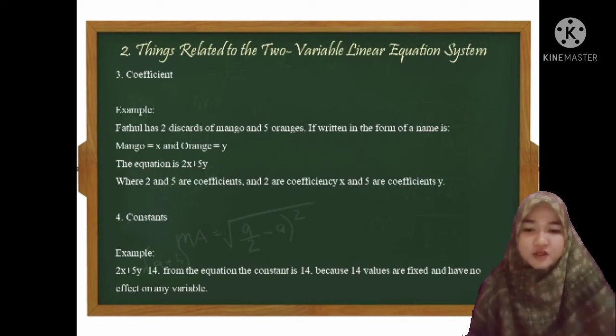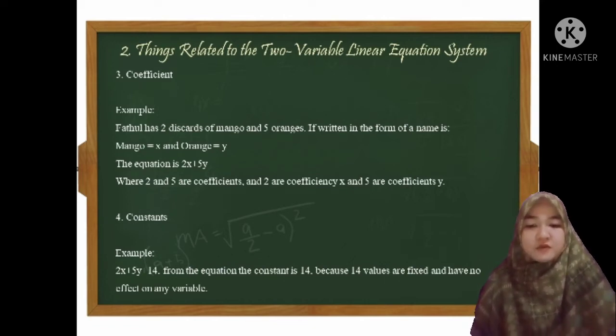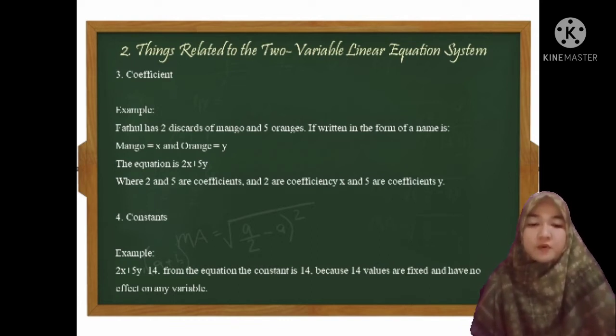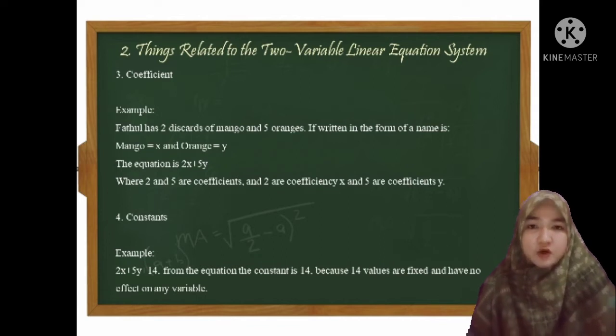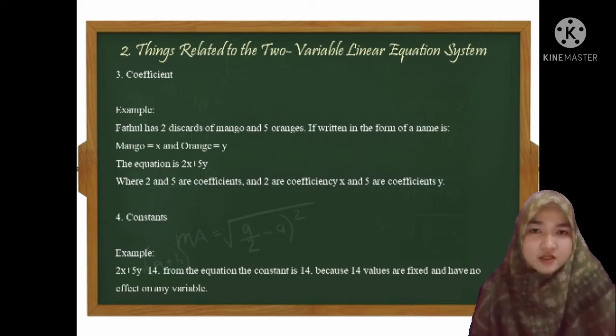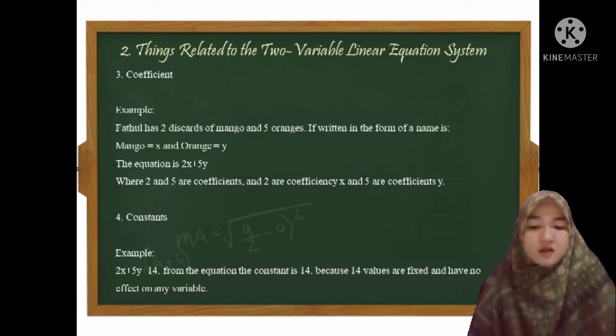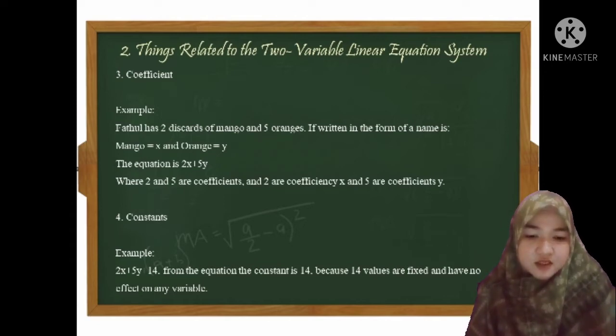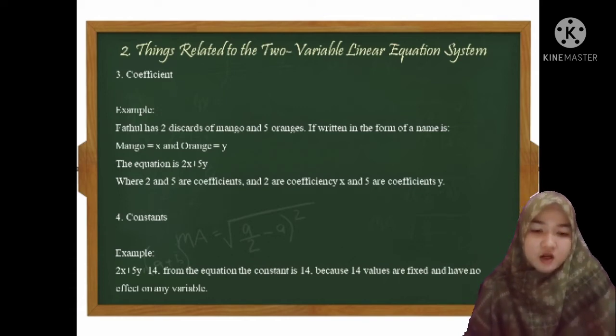Example: Fathul has 2 mangoes and 5 oranges. With mango equals x and orange equals y, the equation is 2x plus 5y, where 2 and 5 are coefficients: 2 is the coefficient of x and 5 is the coefficient of y.